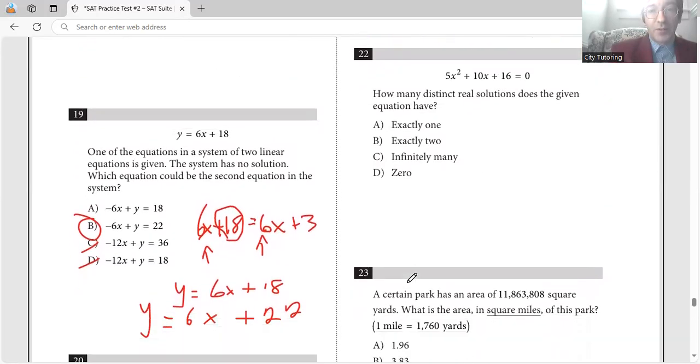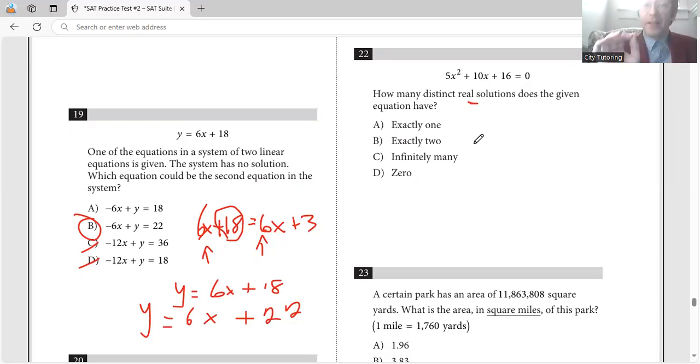All right, number 22. How many distinct real solutions does the equation have? Okay, so this is a quadratic. And what they're expecting you to do, this is a good question, because this is asking about how many real solutions. So you look at something called the discriminant.